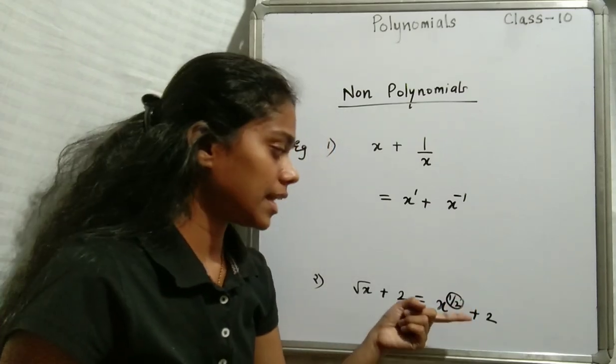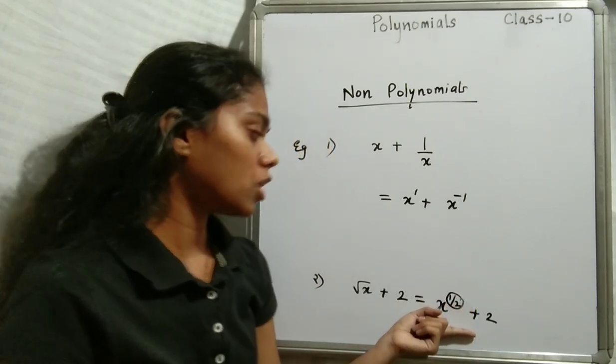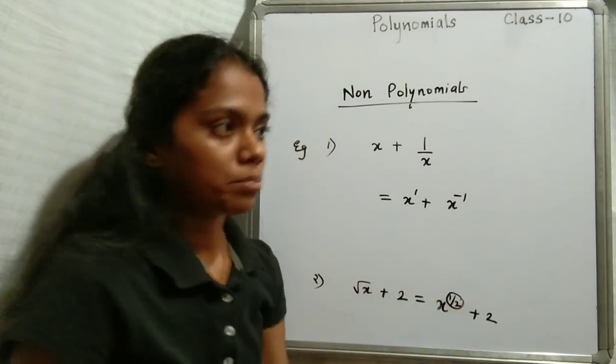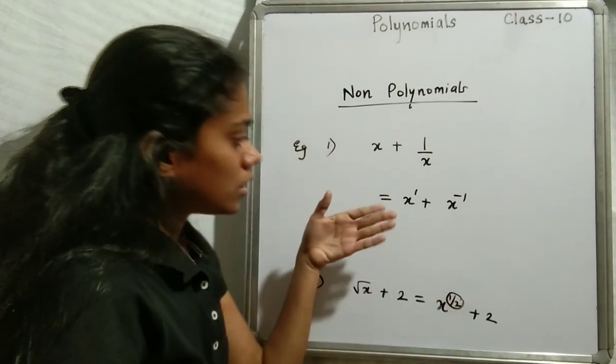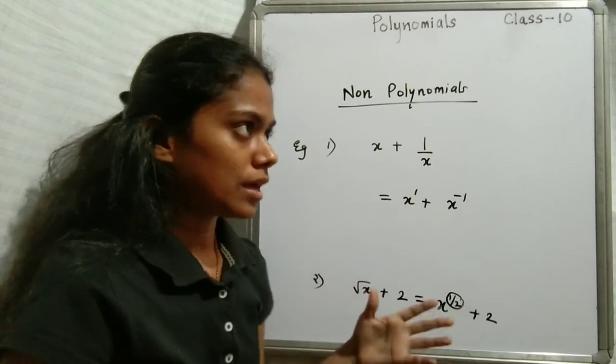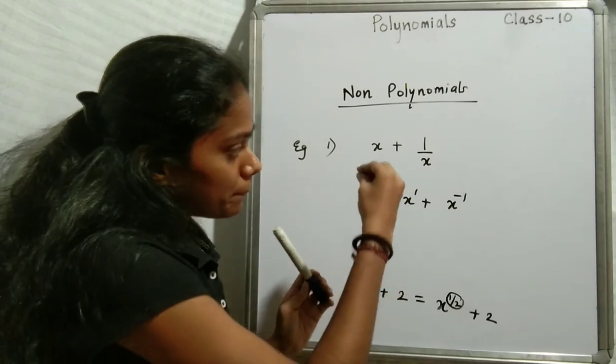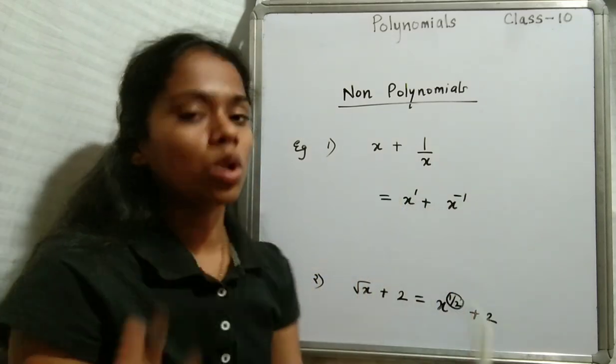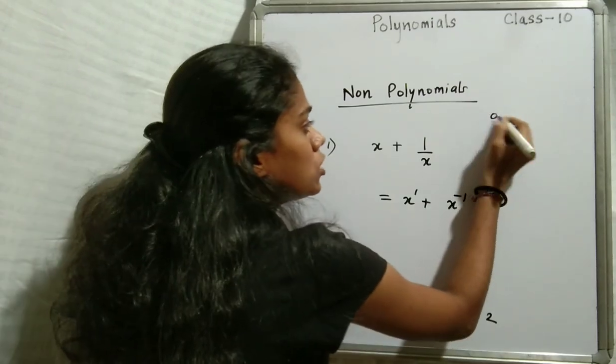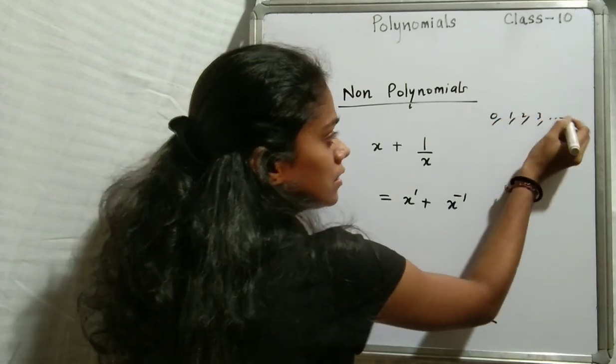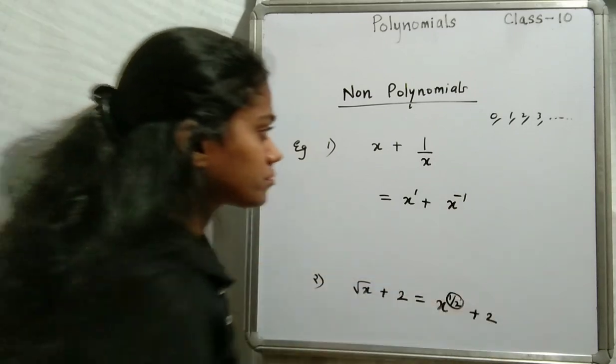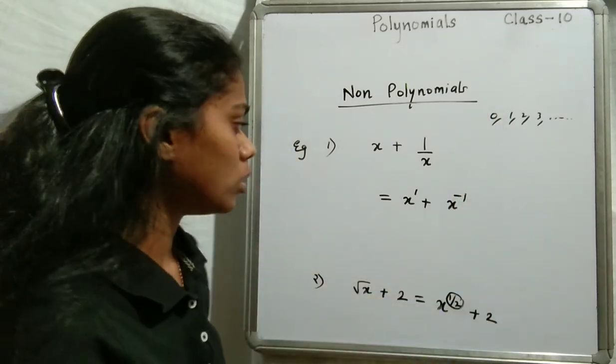So this is an example of a non-polynomial because the power is not a whole number. I told you for an expression to be a polynomial, the power of the variable should be whole numbers. Whole numbers meaning 0, 1, 2, 3, like this, right? These are whole numbers, right? Which start from 0, they are called whole numbers, right?